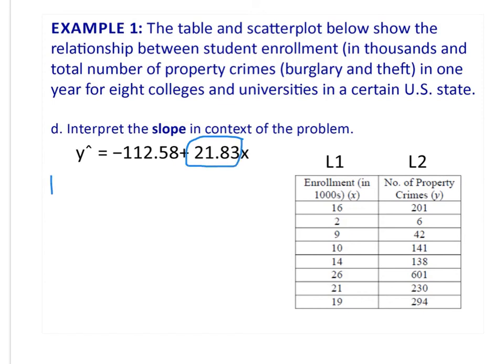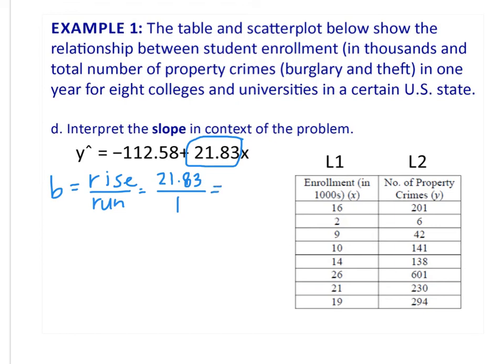If I think about my slope, or B, as my rise over my run, well, the rise would be 21.83 over 1 change in my x's.